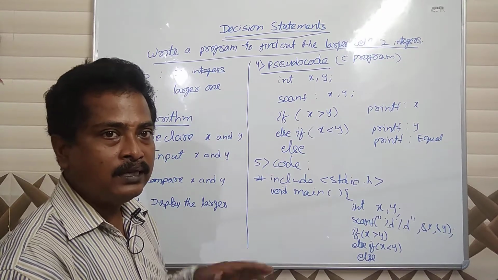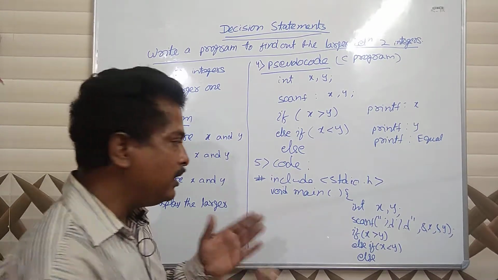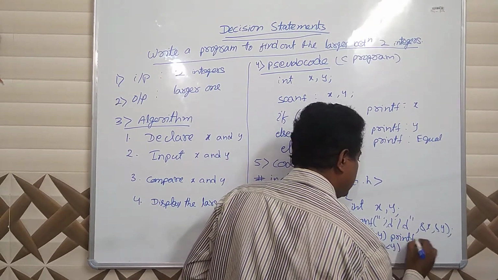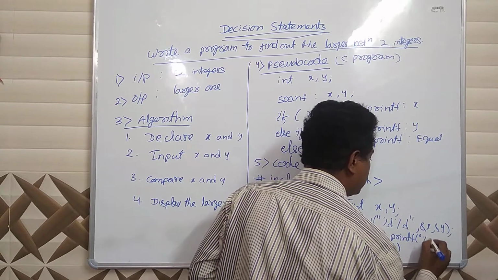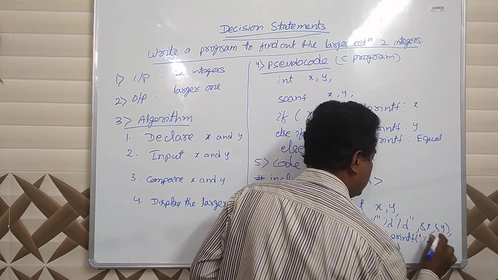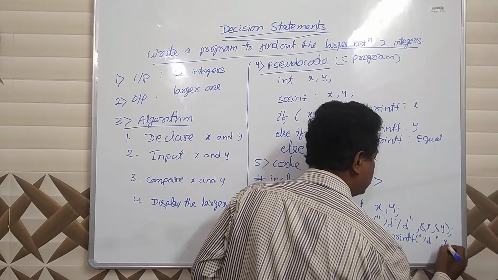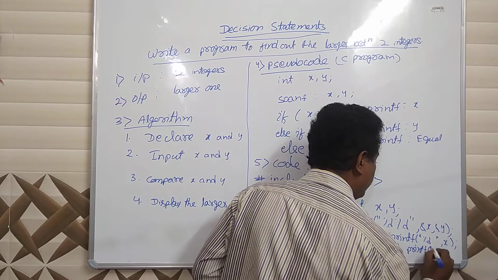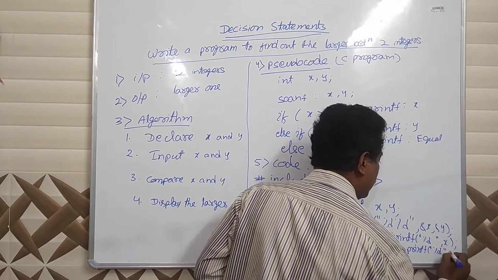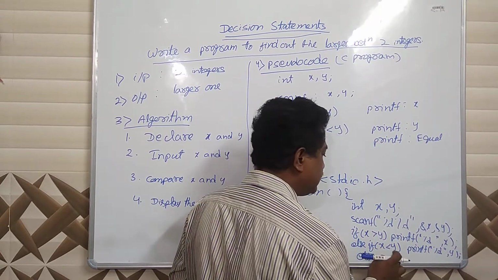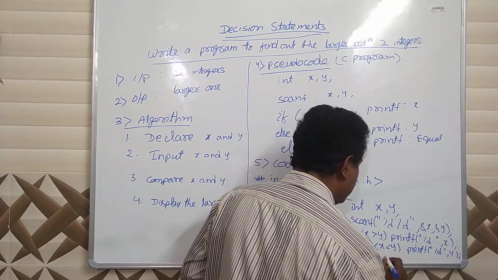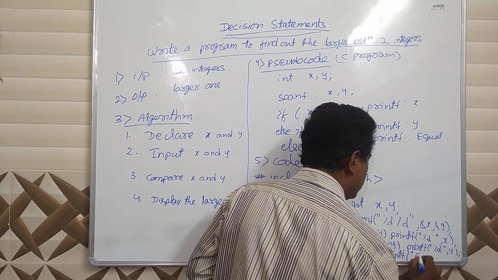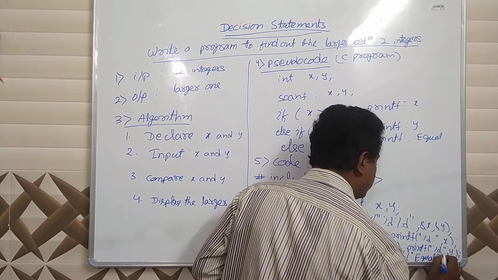So in the else part, the last condition is both are equal. printf("%d", x), printf("%d", y). So if x is less than y means y is greater, else printf equal. So this is our C program.